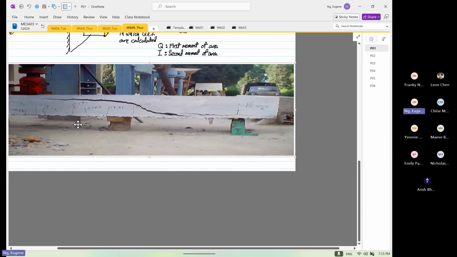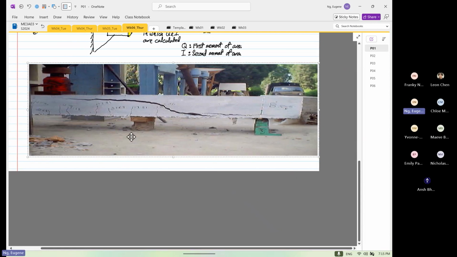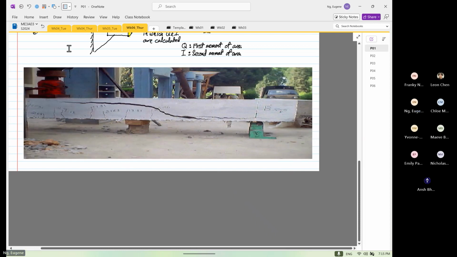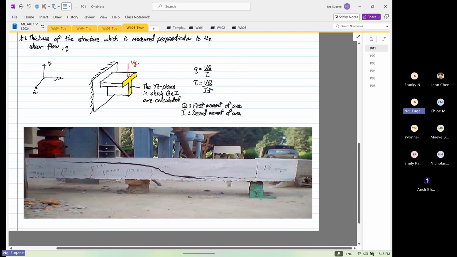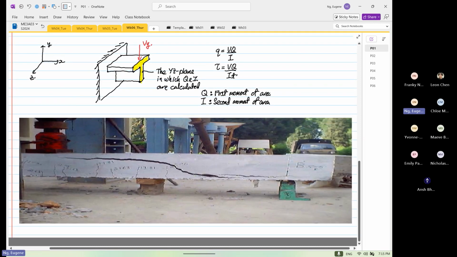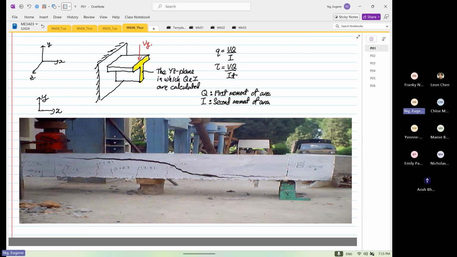So this is a concrete beam that has failed, and if you were to ask me where is our X and Y, based on its orientation, this is the X, Y, and then we have our rotation Z, right?